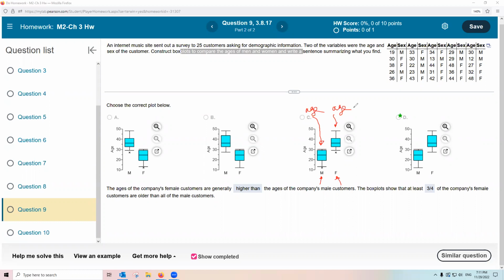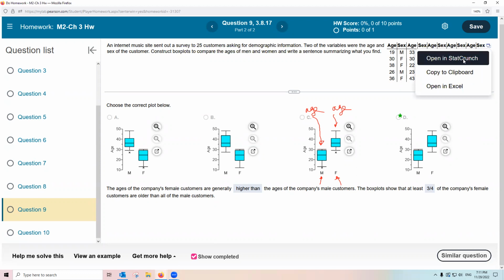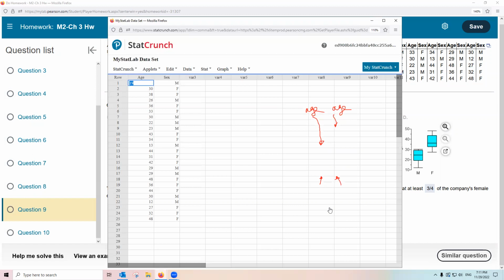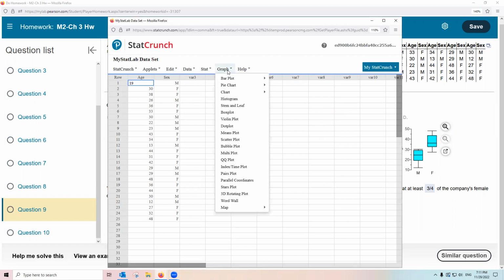All right, I want to let StatCrunch help me out here. So I'm going to open up this data set in StatCrunch to begin with. Okay, here it is. And I want to go to Graphs and I'm going to select Box Plot. Here it is.